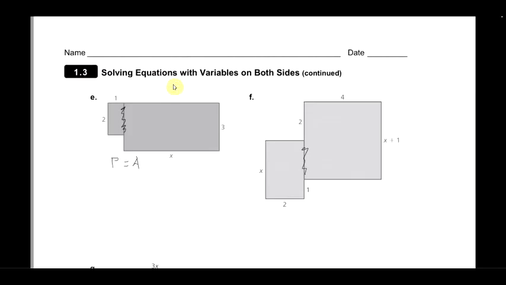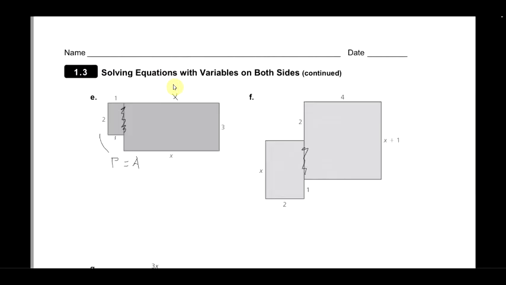If we have a perimeter equals area, just like every single one, we have to add up this perimeter a little bit differently. So let's take a look at what's going on. We know that all the perimeter are the places where they give us numbers. X, 3, and so on. And there's a few places they don't give us any numbers. So we can start writing those in so we have a reference. On the opposite side of x would be another x. Over here in this little corner, on the opposite side of 1, it's just 1.